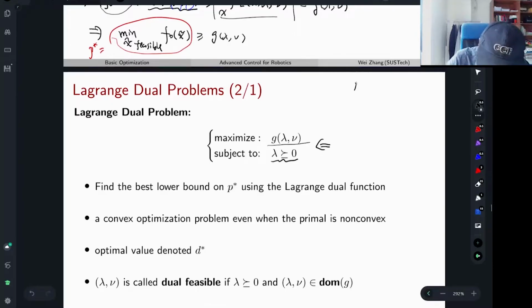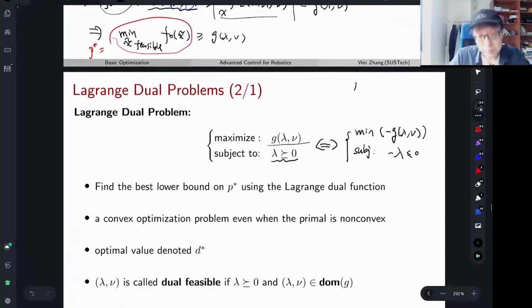So this problem is equivalent to, if you think about it, maximize. If you transform to the standard optimization problem, that will become minimize negative g of lambda, nu, subject to negative lambda less than or equal to 0. Why do we do this negative?